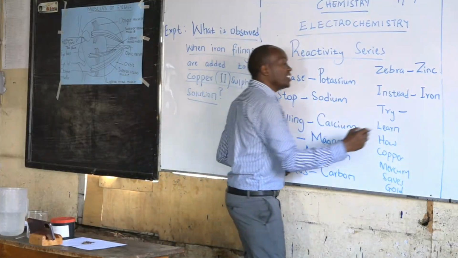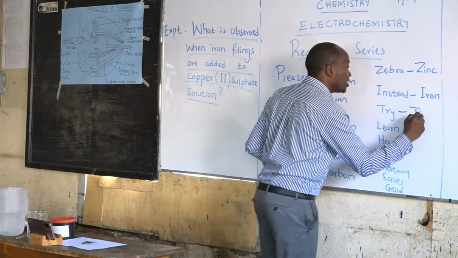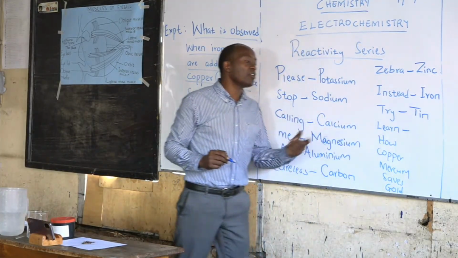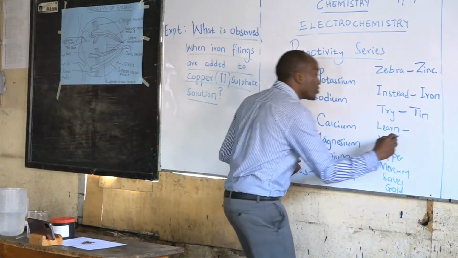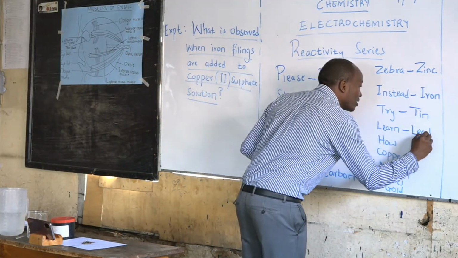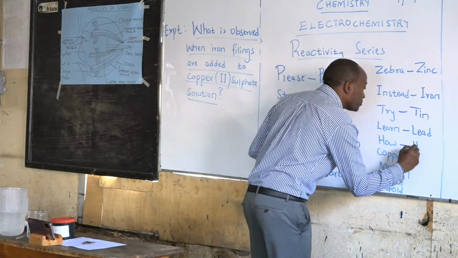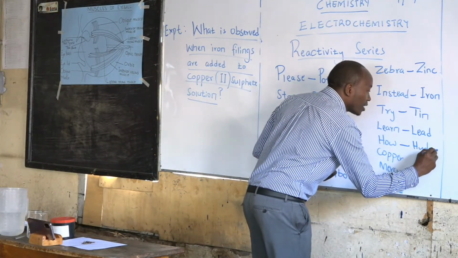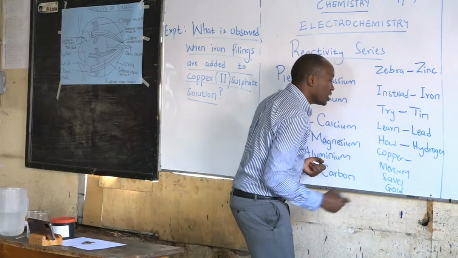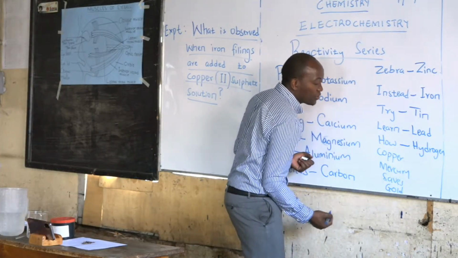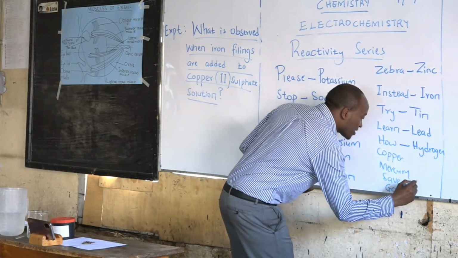Then this one goes for tin. We have tin. Then lead, we go for lead. Then hydrogen. Then we have copper, mercury, silver.